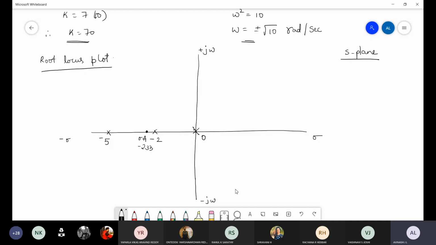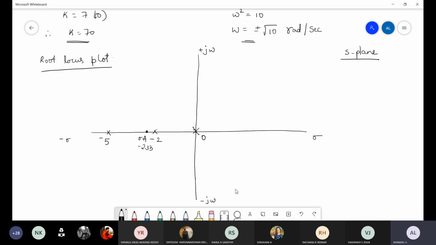Once you mark the centroid, can I believe that all of you have marked it? Now after this, the angle of asymptote. What is the first angle? It is 60 degrees. Approximately, you can use the protractor.